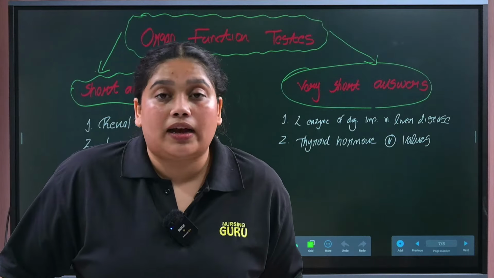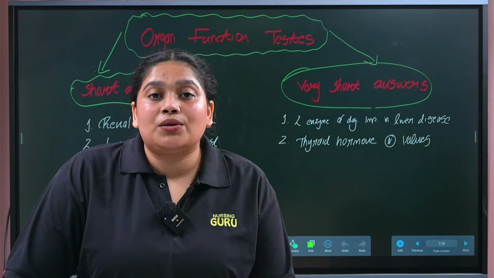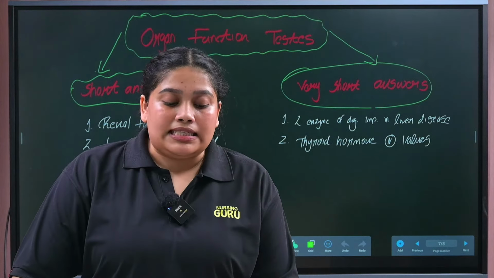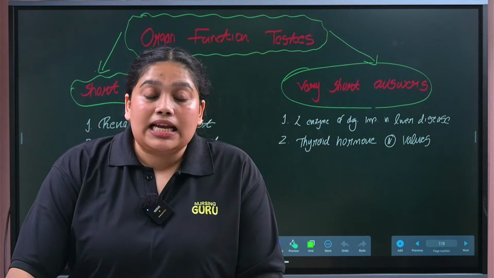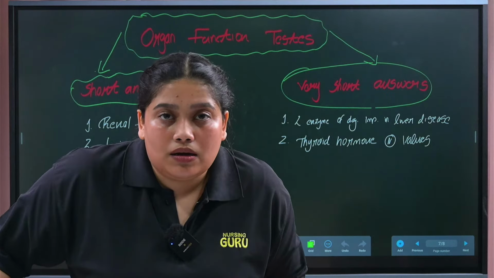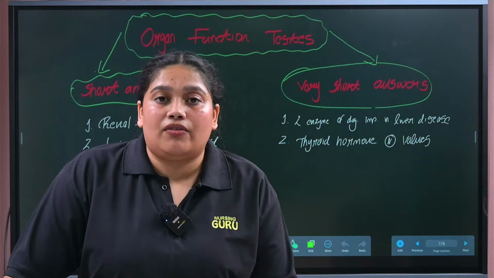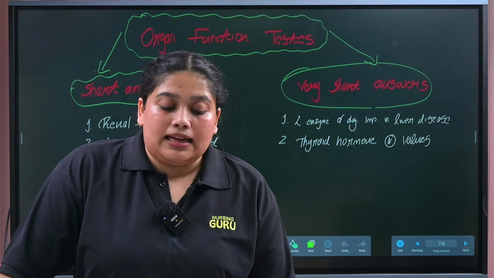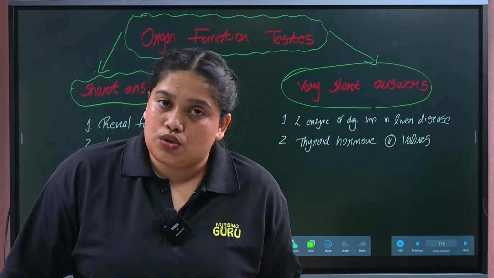Normal values of thyroid hormone. Okay, thyroid hormones, we know there are T4, FT4, T3, FT3, TG and TSH. So for this, you should know for which purpose we are doing each test and the values. For thyroid serum we are doing T4 and the value is 4.6 to 12.